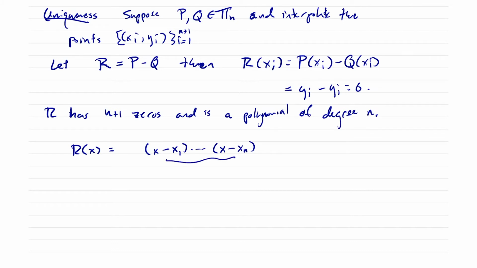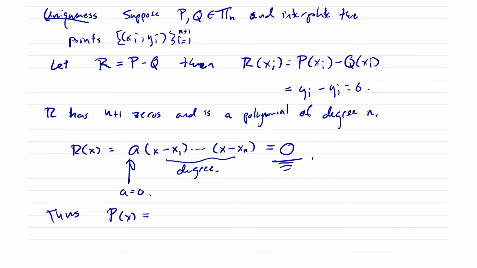This is a polynomial of degree n, and so the only other free variable here is going to be the a, and so if we have n plus 1 points that are making it 0, then that means that a must be equal to 0 as well. And so this is the 0 polynomial. Thus, we have P of x is equal to Q of x, and there we have uniqueness.